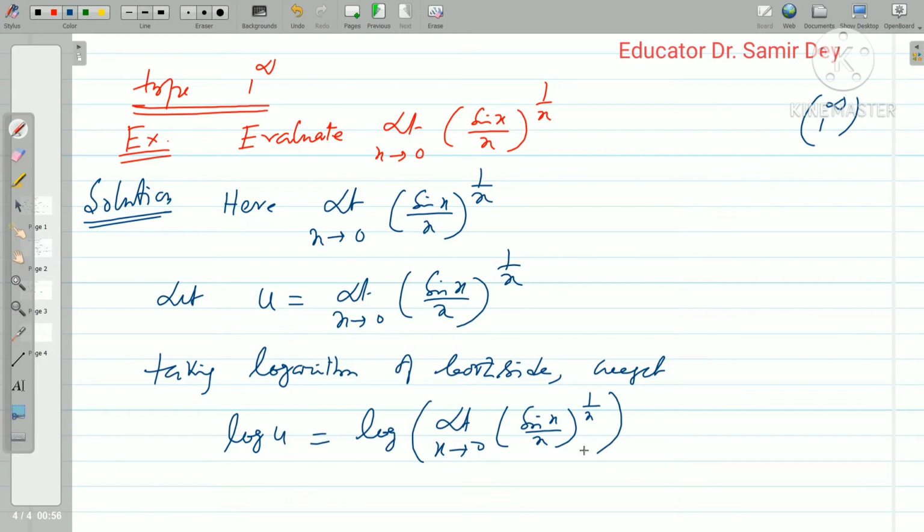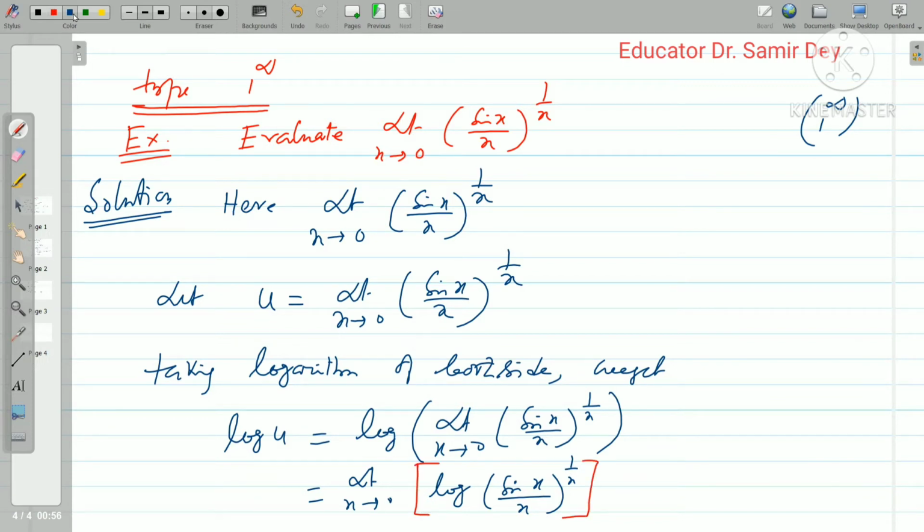So here you may write limit x tends to 0 of log of (sin x by x) whole to the power 1 by x. Clear?